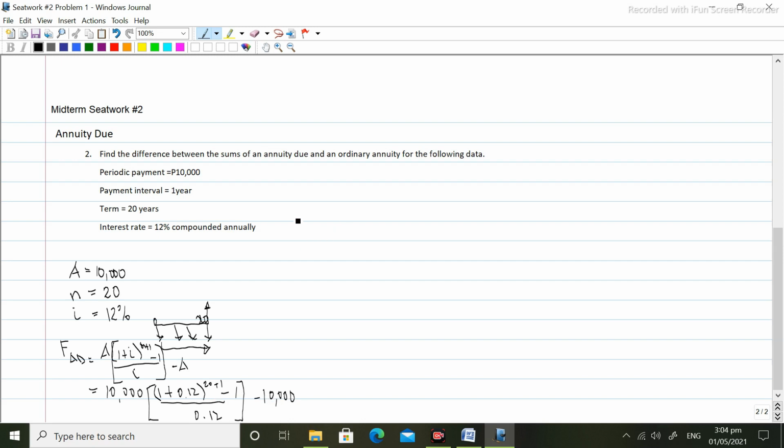So, the value for the annuity due is equal to 806,987.5355.